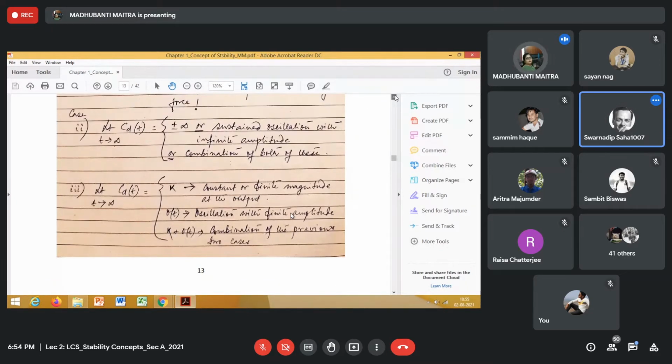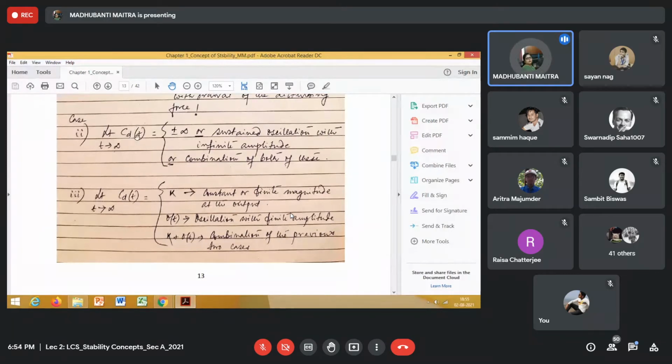So what's happening in this case, you see, as t tends to infinity, this component of the response is becoming infinite, or the output of the system will observe sustained oscillation with infinite amplitude. Now sustained oscillation with infinite amplitude is not possible in reality.